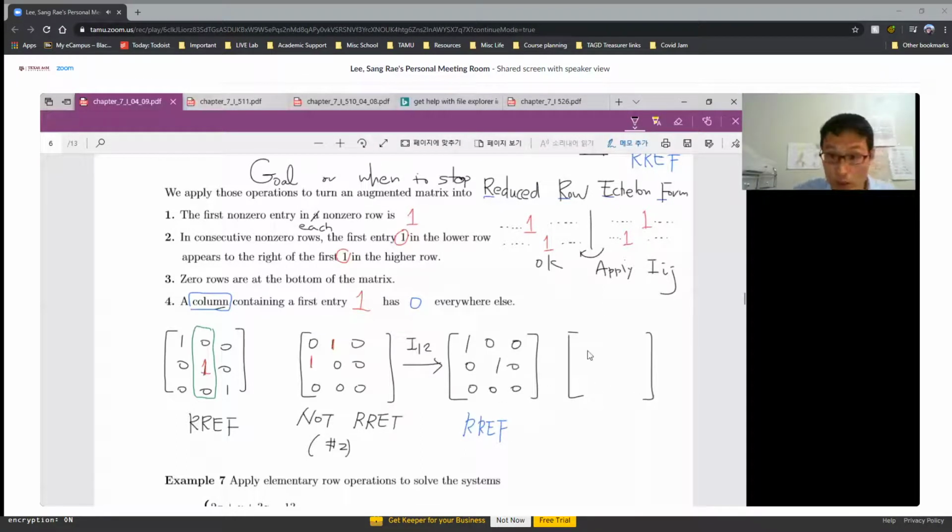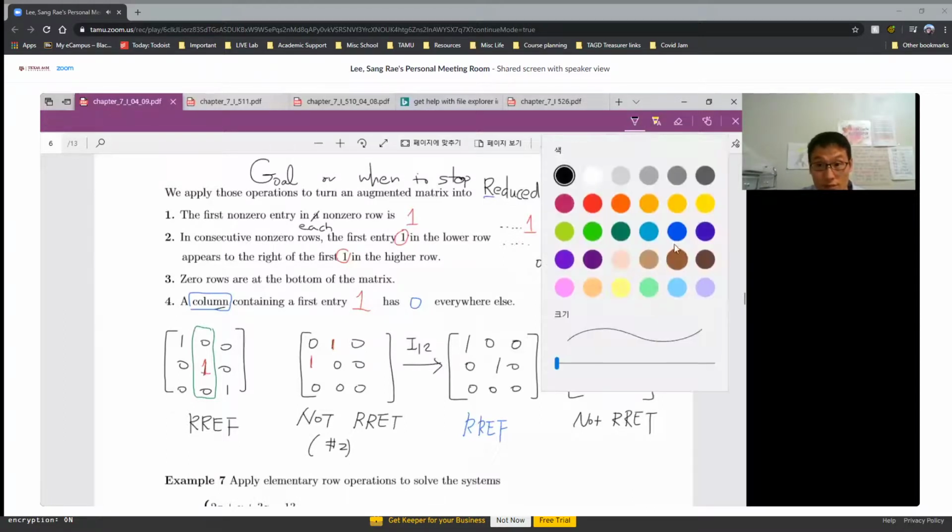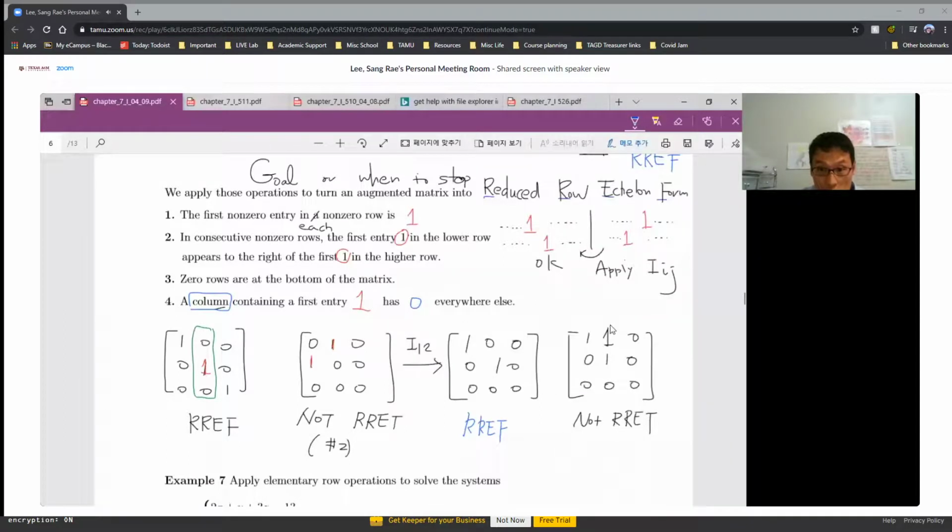One more. What if you have this matrix, 1 there? Do you see why this is not RREF? Can you tell me? Look at this 1. This one is not a first one, right?